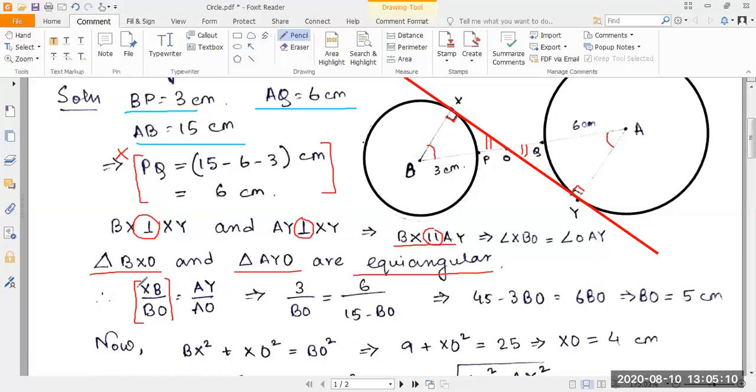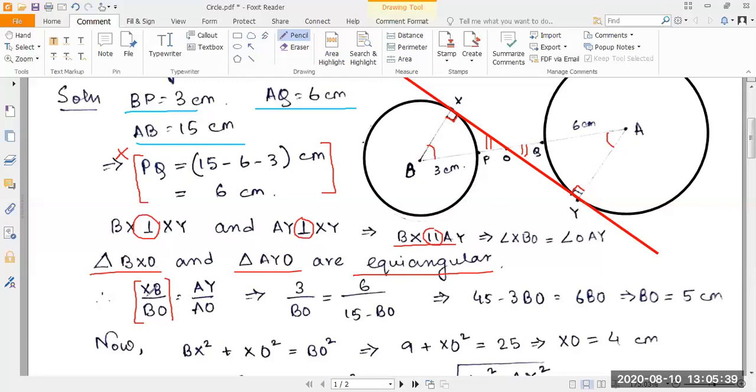So if my numerator is XB on this side, then on the other side of my equality, the side needs to be the corresponding one. So it needs to be the side that is adjacent to a right angle and the angle that I've proved to be equal. For this triangle, that would be this side, AY. So XB will correspond to AY.